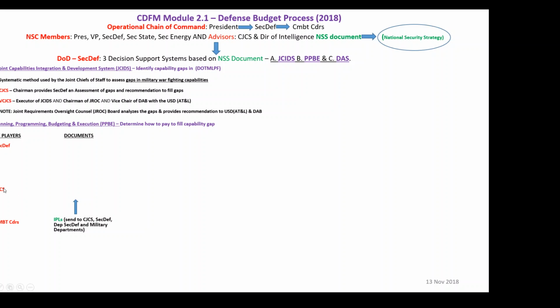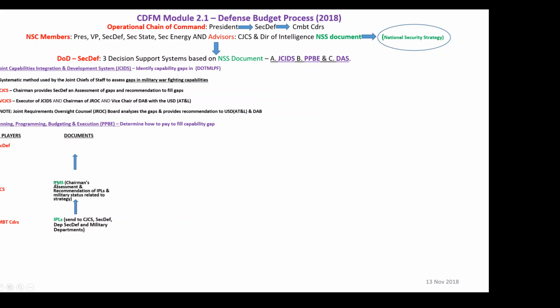Anything military related must be assessed by the Chairman of the Joint Chiefs of Staff. So the chairman does his assessment and recommendation of the IPL and military status related to strategy. The chairman is also the one that develops the National Military Strategy. Again, going back to that, since he's the top military advisor, then it makes sense.